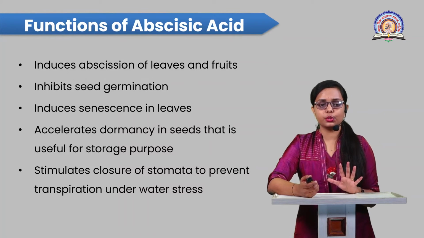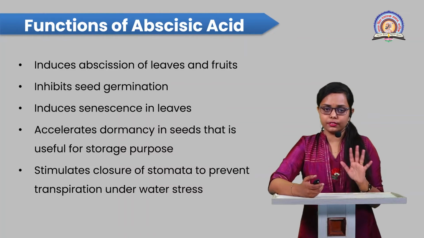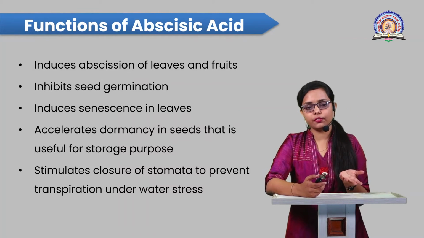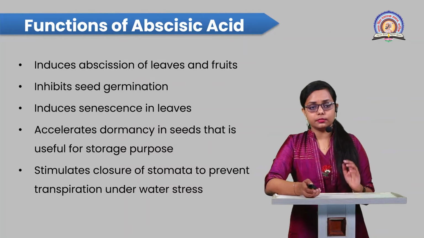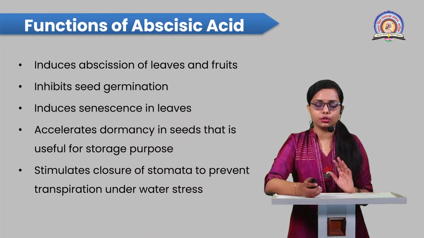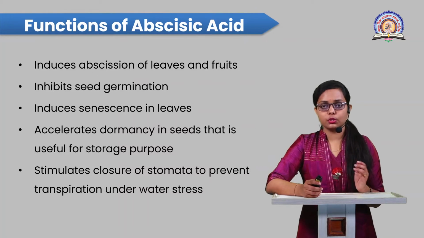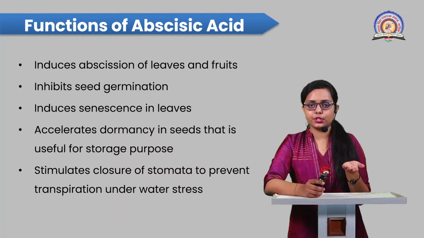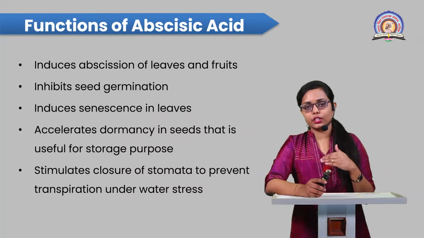So what abscisic acid does is it induces abscission of leaf, and it overall stops the formation of leaf and fruit. After abscission of leaf, obviously there is no fruit formation, so it promotes the leaf fall so that there is less water loss. Leaves have stomata, and through these stomata there is transpiration, water vapor comes out.